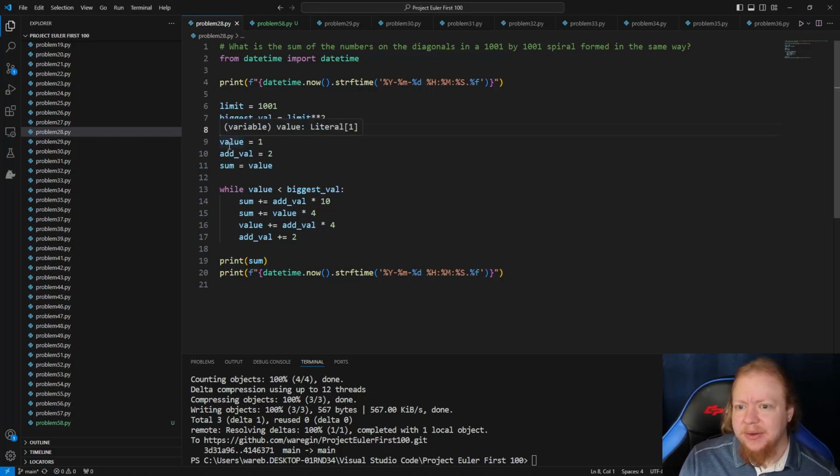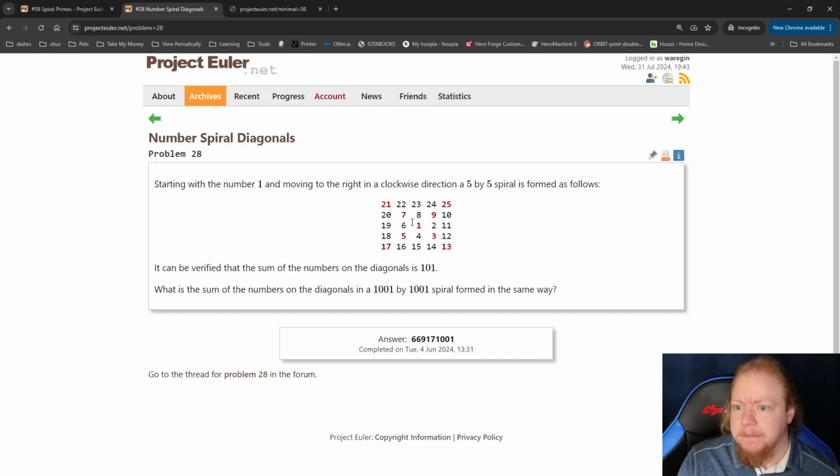Here, what I did is we start with the value of 1 and an add value of 2. So, why did I do this? Because the first value that is on the diagonal is 3, and then we add 2 and 2 and 2. And then the next value we add 4 and 4 and 4 and 4.